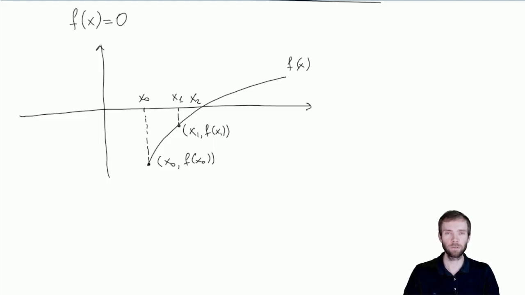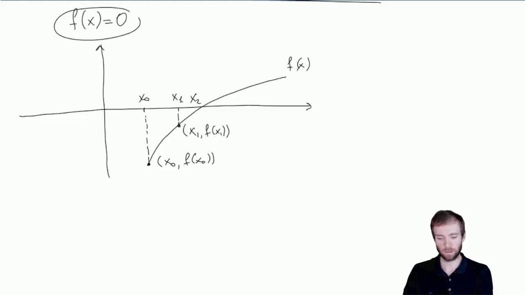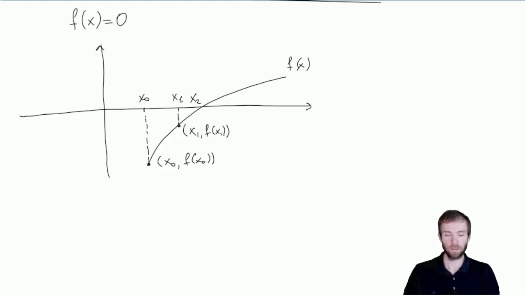So let's now, in our Newton's method for approximating the root of this equation, decide how we compute x_{i+1} given x_i. So remember that x1 was the point of intersection of the tangent line at the point x0, f of x0, with the OX line.